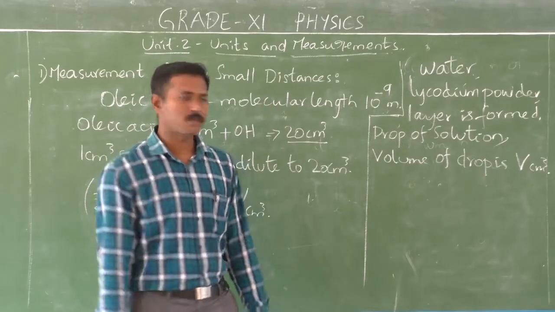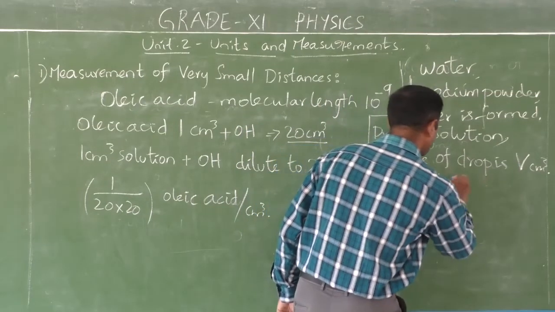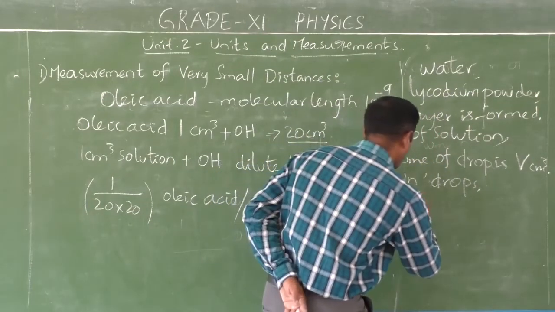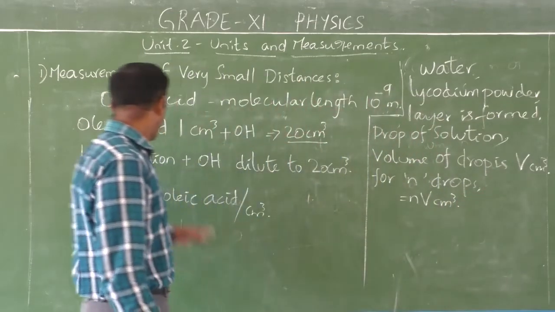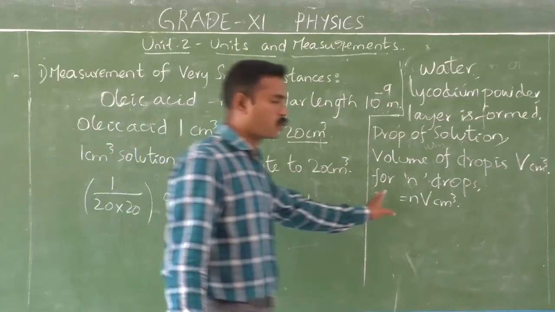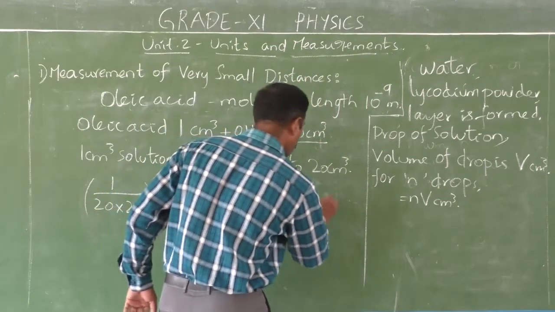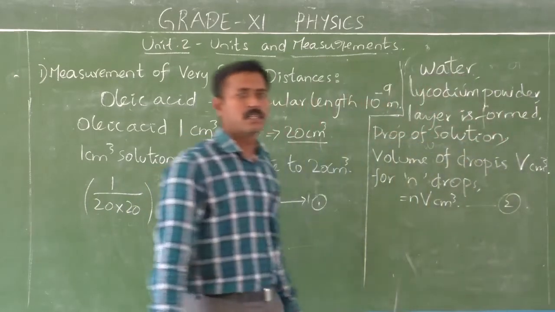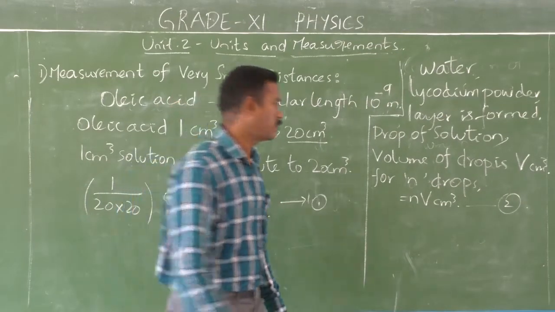If I put n drops, for n drops the volume will be nV centimeter cube. Already we have the concentration of folic acid in the solution and now the total volume. So using these two equations, the first one and the second one, I can find the total amount of folic acid present entirely.